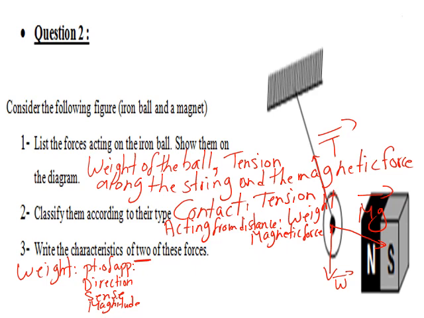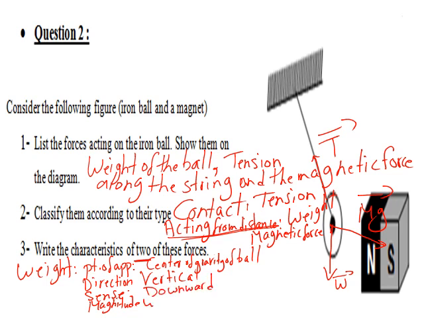Whenever we have a force acting from a distance, the point of application is the center of gravity. So the point of application is the center of gravity of the ball. Direction: it's vertical or horizontal? It's vertical. Sense: it's downward.